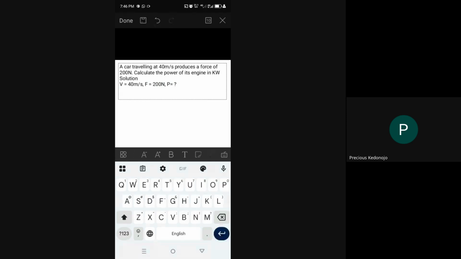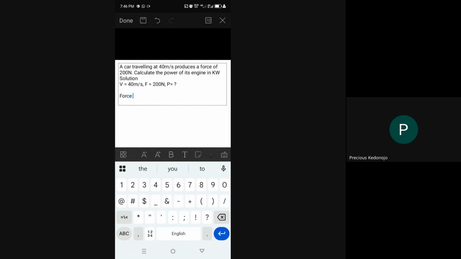Remember that I just told you that there's a relationship between force, velocity, and power, and that relationship is this. Force is equal to power over velocity. So if you look at this formula now, I have velocity, I have force. I don't have power. So power is the unknown, right?